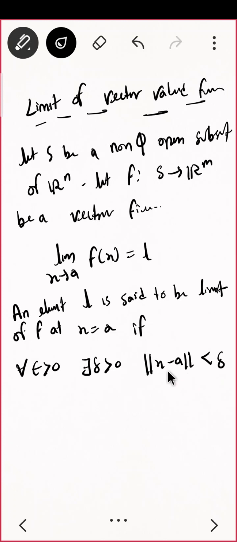But if I write the norm, there will be two norms, one on n variables and one on m variables. So write a suffix n here, since this has n coordinates: norm of x minus a less than delta. This should imply norm of f of x minus L is less than epsilon, and here you have m coordinates.